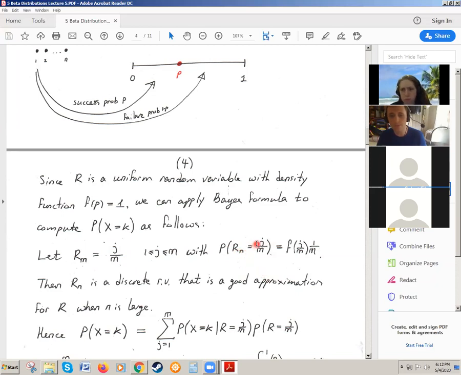So the probability that Rm equals j over m is the density function at j over m times 1 over m. Before I move on, do you understand why that will be the probability?